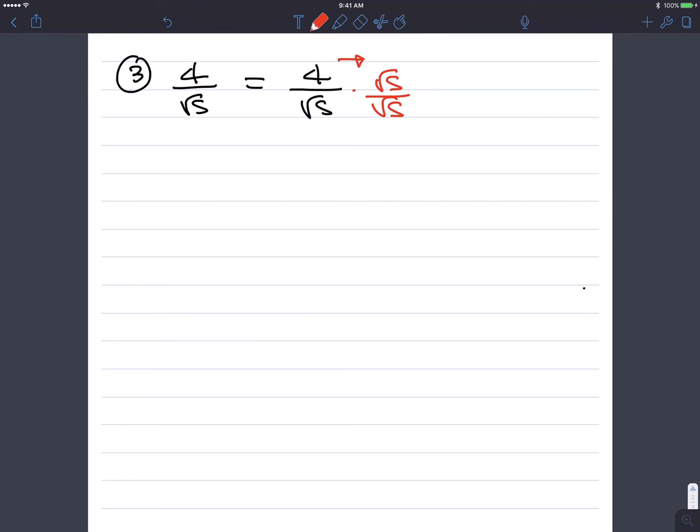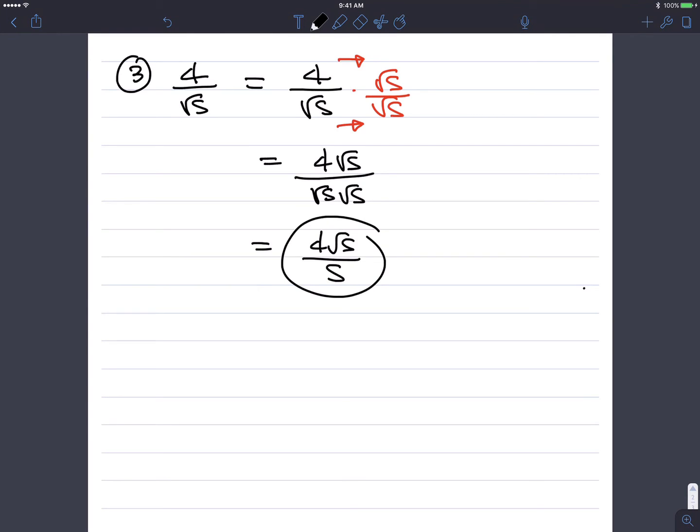Now we multiply fractions horizontally across, so we end up with 4 times the square root of 5 over the square root of 5 times the square root of 5. And we know this is going to be simply 5. And you're done. There is no radical in the denominator.